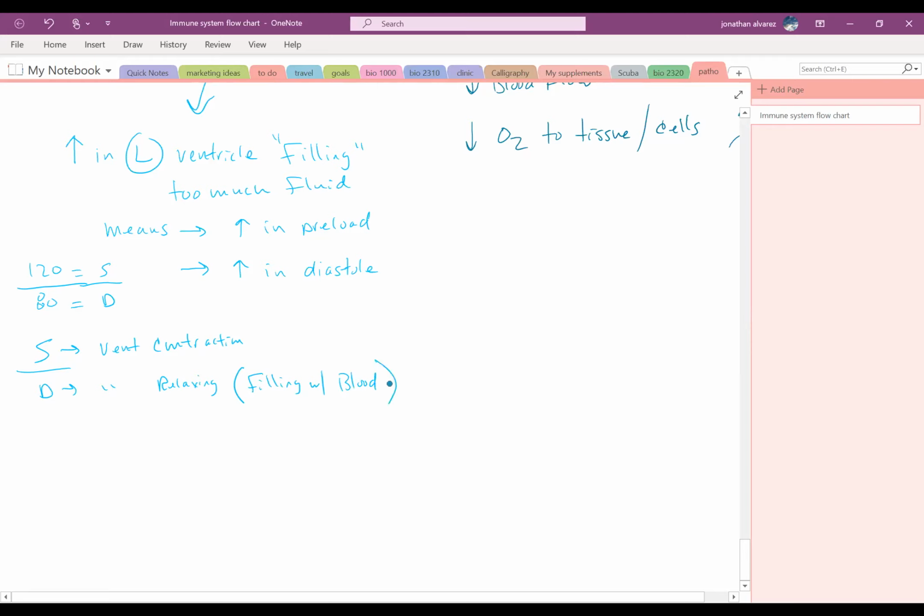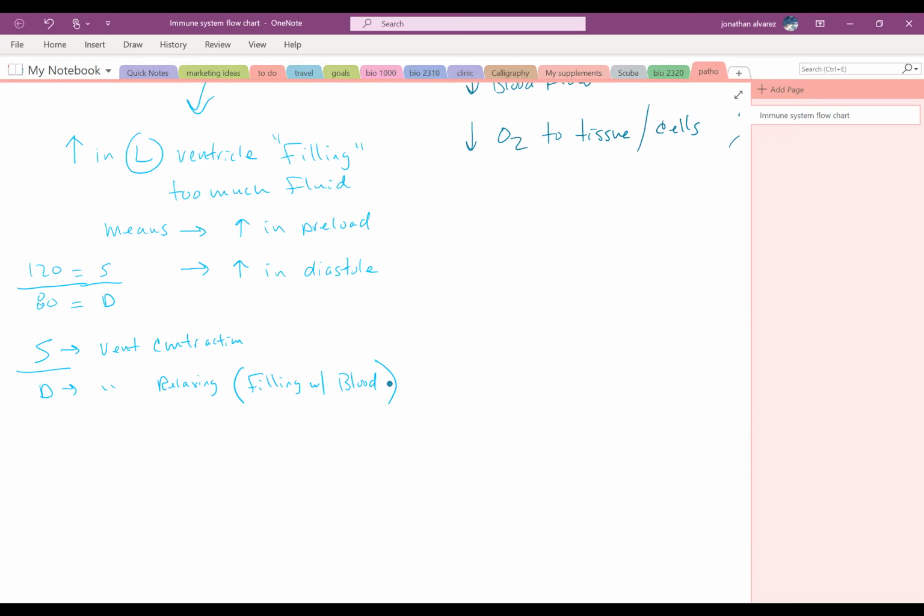So when the ventricles are relaxing, they are filling with blood, and when they contract, they eject blood. Okay, so if the left ventricle keeps filling too much, it's going to change, right? So the diastolic pressure will change, and that's not good, okay?